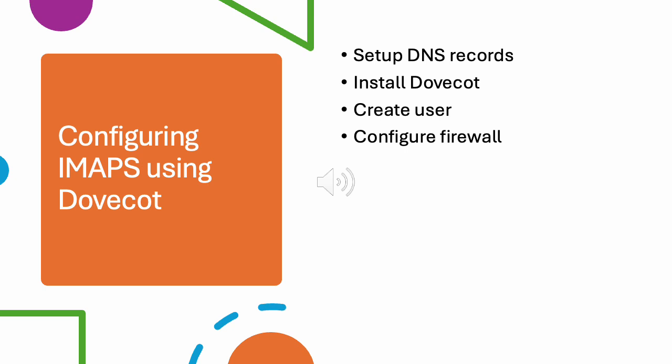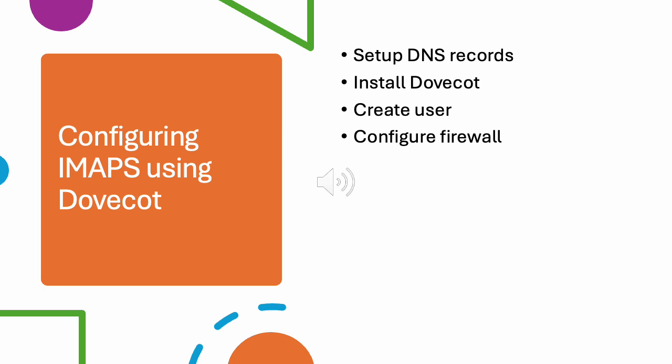Setting up IMAPS with Dovecot involves several critical steps that ensure a secure and reliable email server. Before configuring the mail server, it is essential to establish the correct DNS records. These records direct email traffic to the appropriate mail server, and properly configured records ensure that incoming emails are routed correctly.